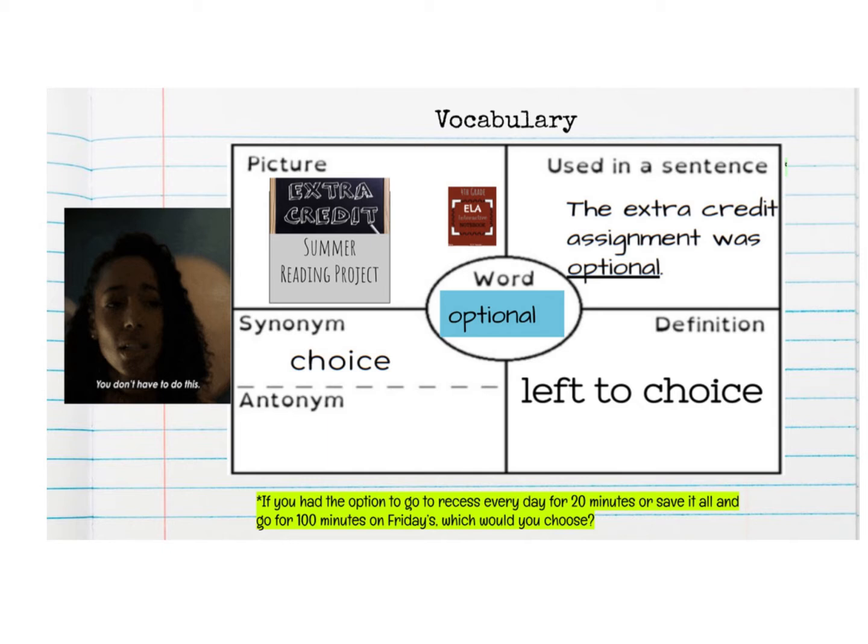We are going to add 3 new words onto this week's vocabulary knowledge. Last week, we learned 3 different terms. Now let's add on a new word for this week. Please echo me. Optional. Optional. Very good. I'm noticing the definition on our notes says left to choice.